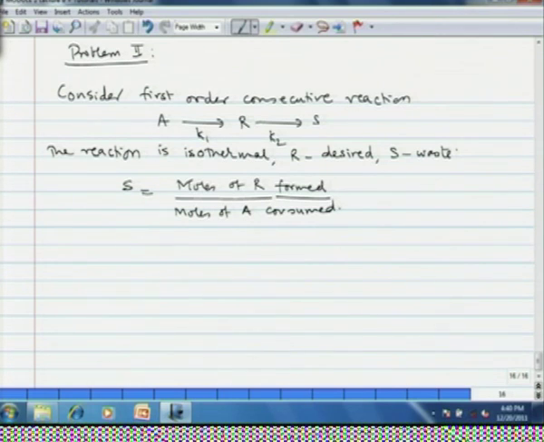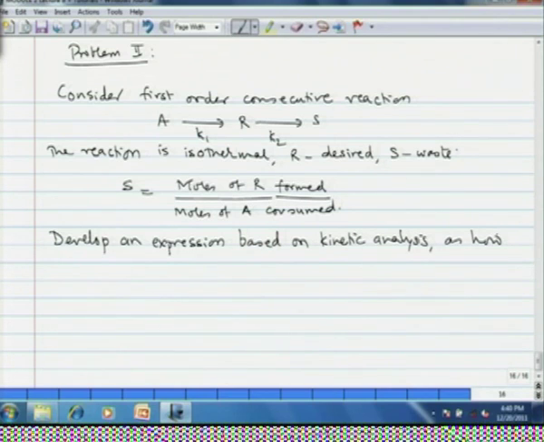And our task is to develop an expression based on kinetic analysis as to how selectivity depends on conversion.